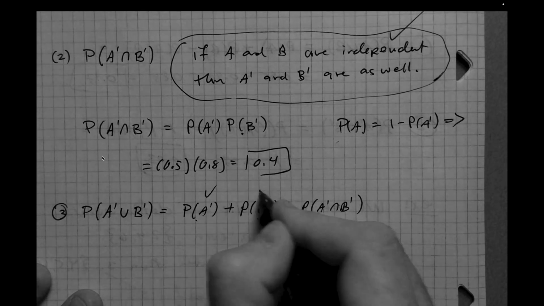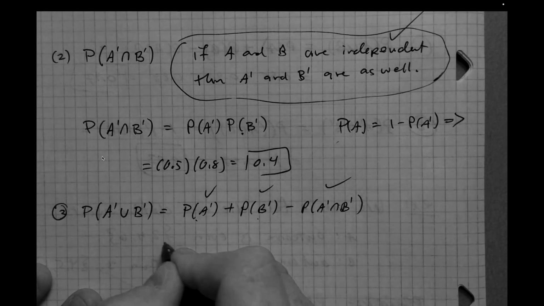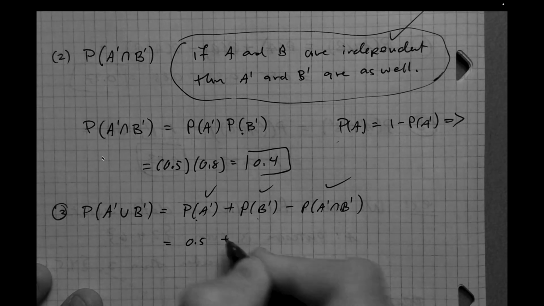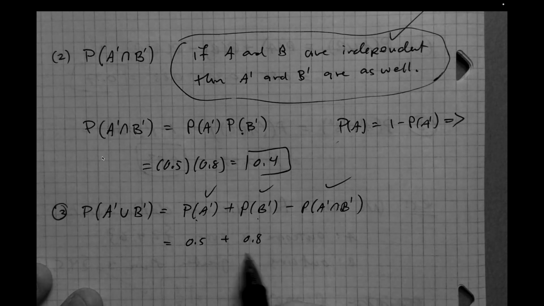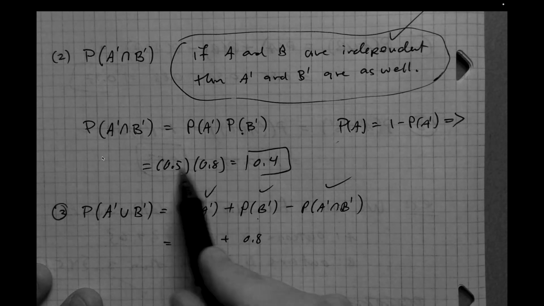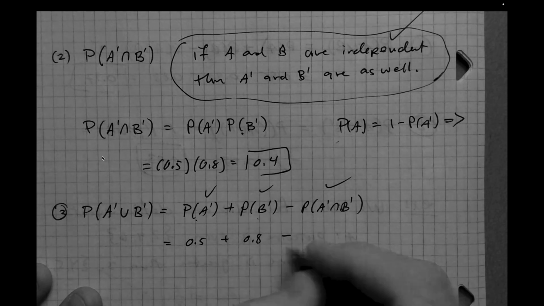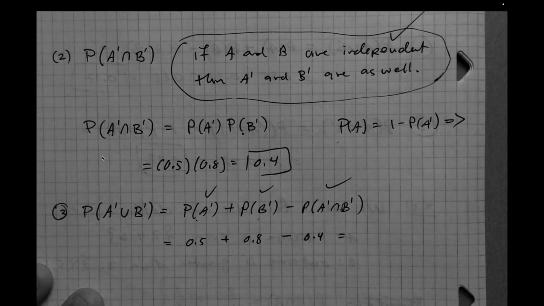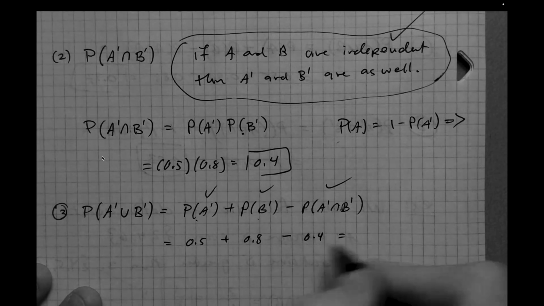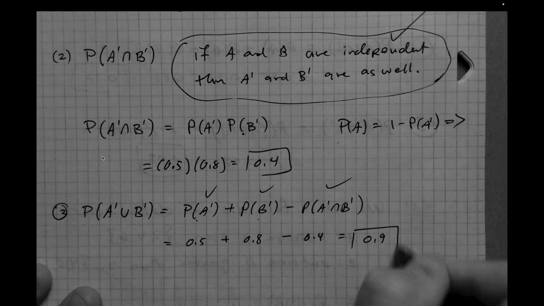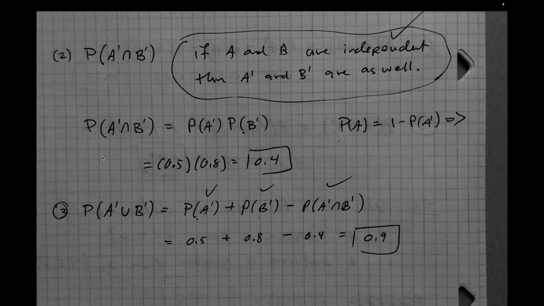So this is equal to 0.5 plus 0.8, using the same reasoning as above, and then this third piece we found to be 0.4. Straightforward. So this must be 0.9. Very good.